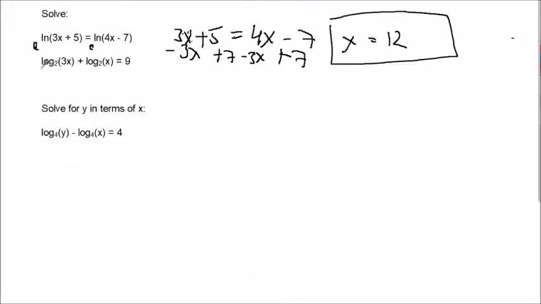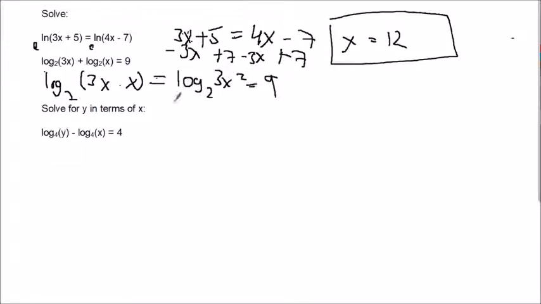Right, log base 2 of 3x plus log base 2 of x is equal to 9. So in this function, we actually have to use the product rule that we learned last time. When they're added together, they're actually multiplied. So multiplied by x will give us log base 2 of 3x squared, and that's equal to 9.